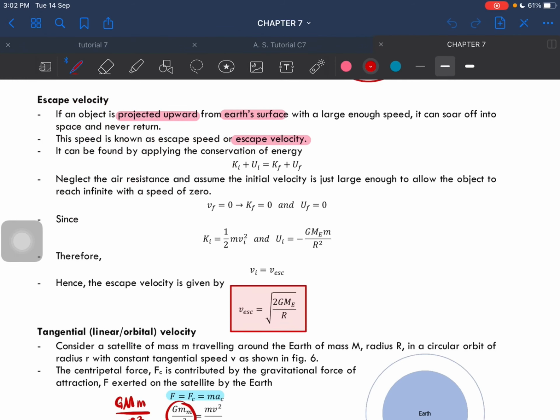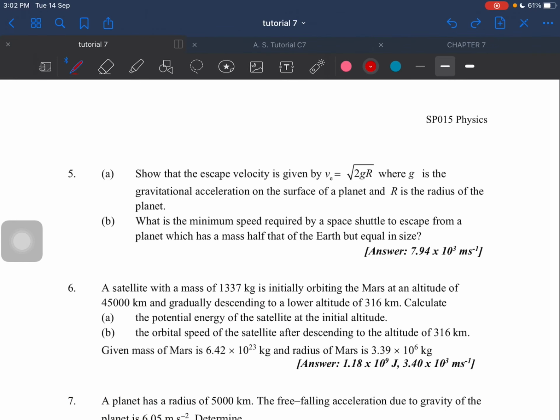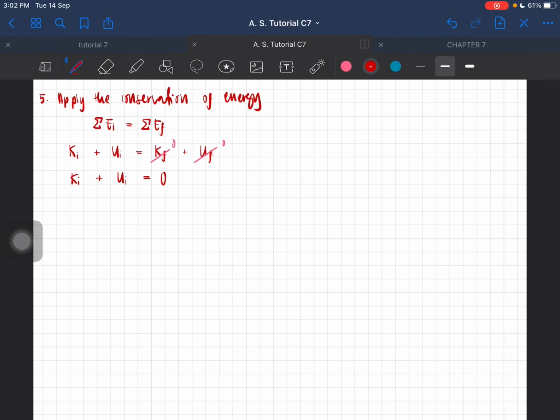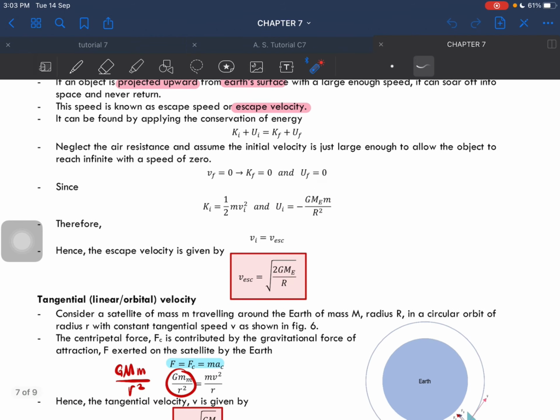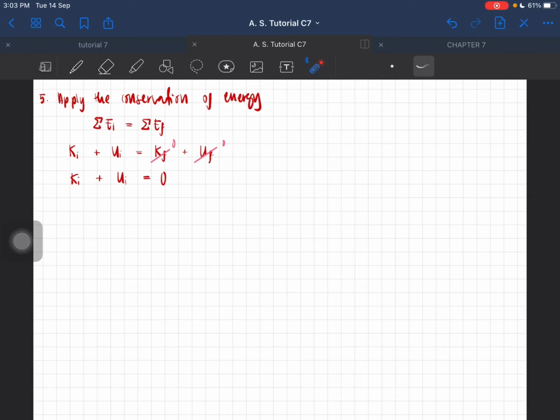Now we know that the initial gravitational potential energy is equal to this. K initial is half mv square, and the gravitational potential energy initial is equal to negative G times the mass of the Earth m over r square.